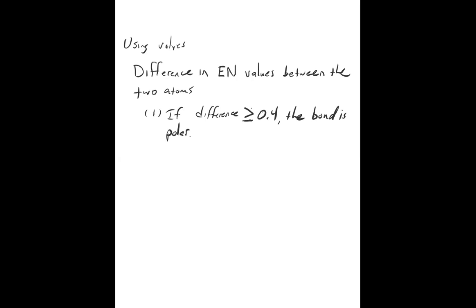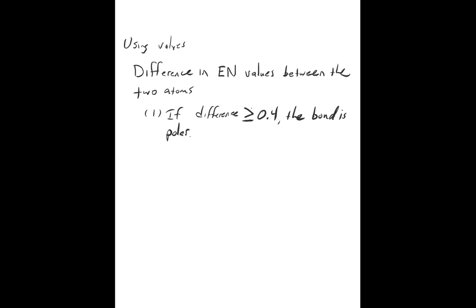Okay, my own kind of personal opinion. If it's greater than or equal to 0.4, the bond is polar. Okay, so right there, all that tells us something very powerful. If we want to know whether this bond has electrical properties, that of being a dipole, all we got to do is look up these electronegativity values and take a difference. Just subtract the two, right?